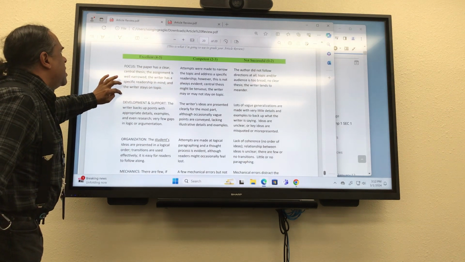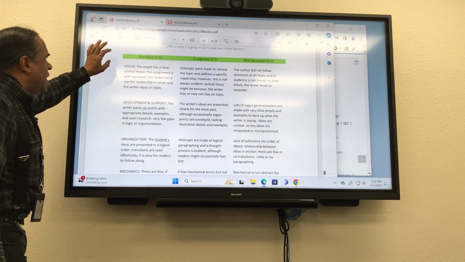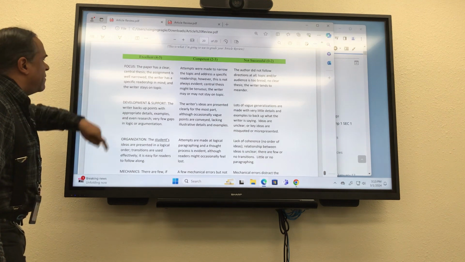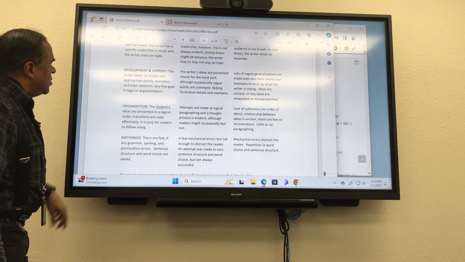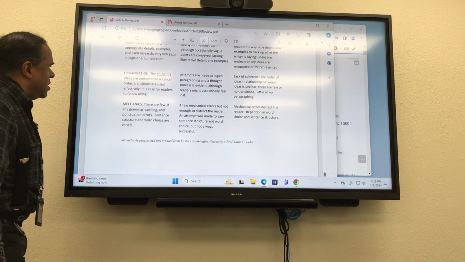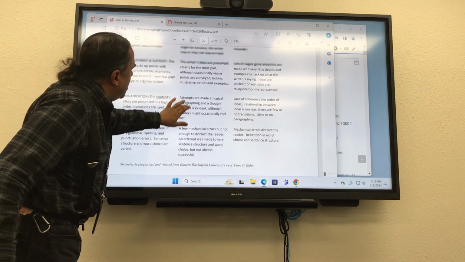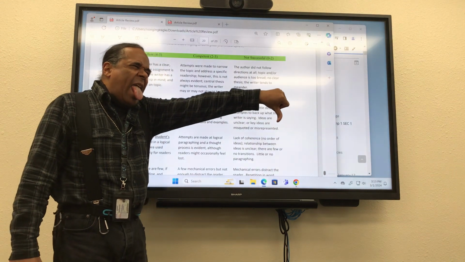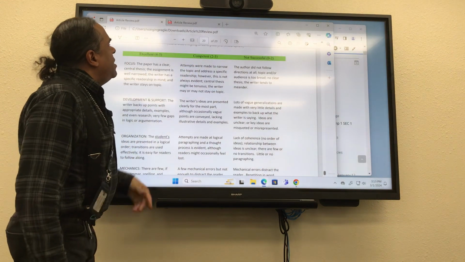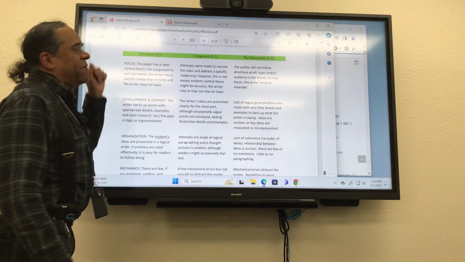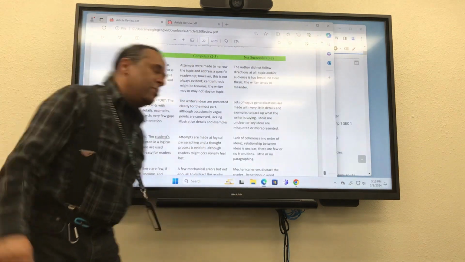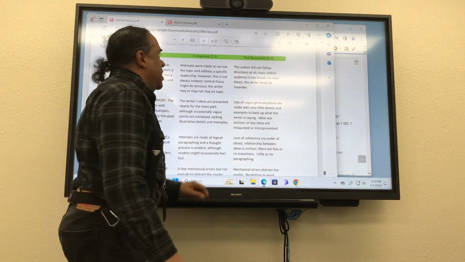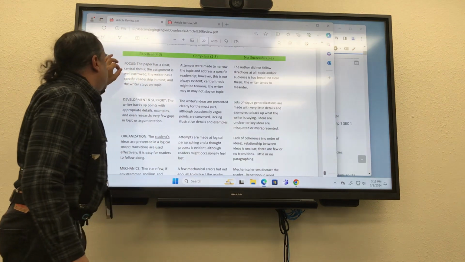In my situation and a lot of other professors, we like to grade on these four categories: focus, development and support, organization, and mechanics. Zero to two, two to three, four to five, got it? Good.